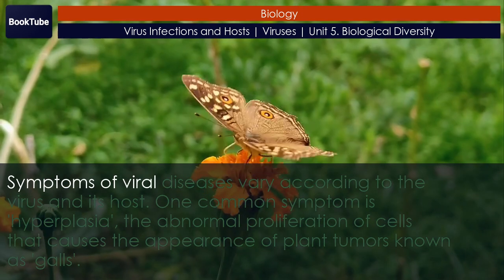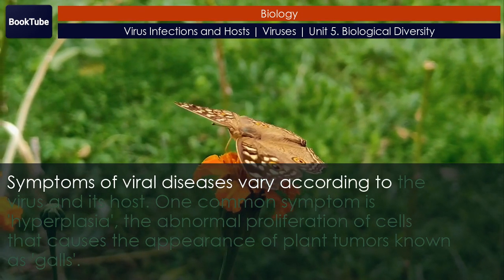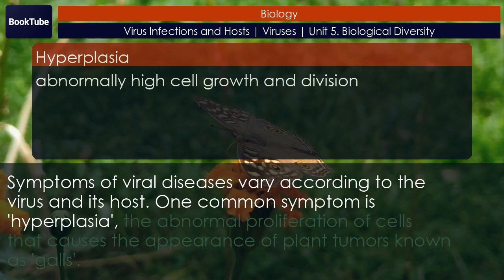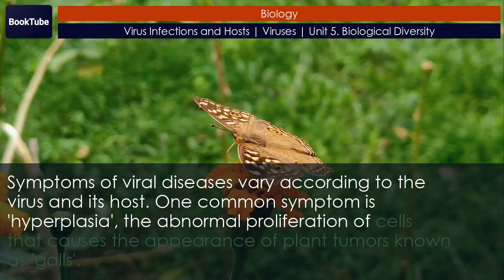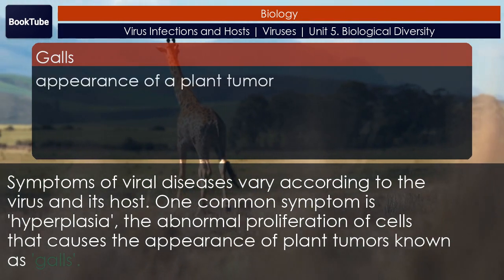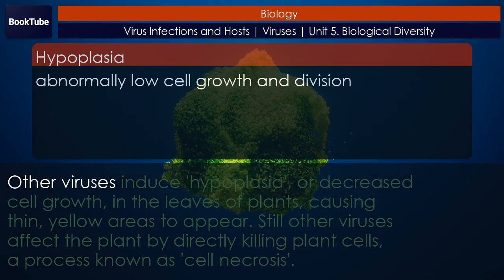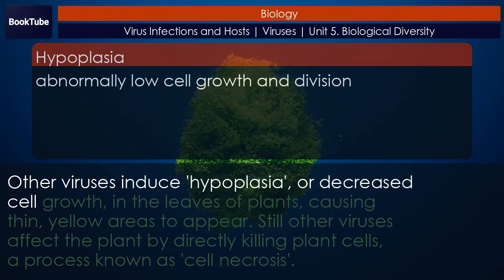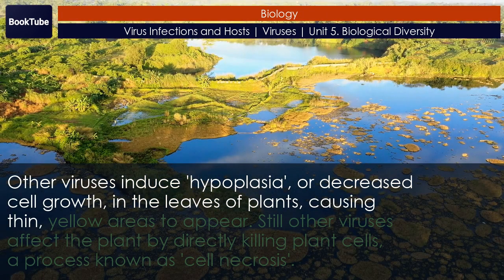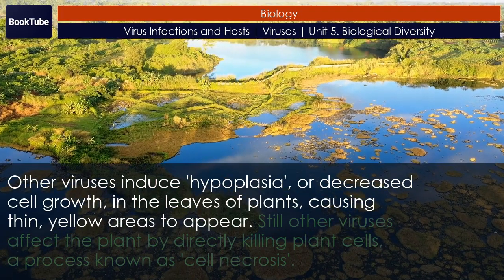Symptoms of viral diseases vary according to the virus and its host. One common symptom is hyperplasia, the abnormal proliferation of cells that causes the appearance of plant tumors known as galls. Other viruses induce hypoplasia, or decreased cell growth, in the leaves of plants, causing thin, yellow areas to appear.